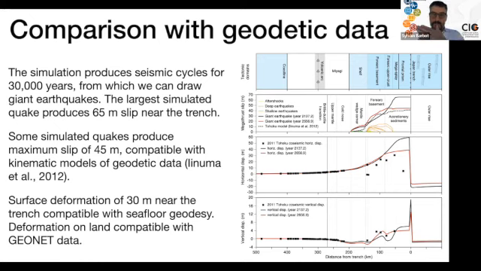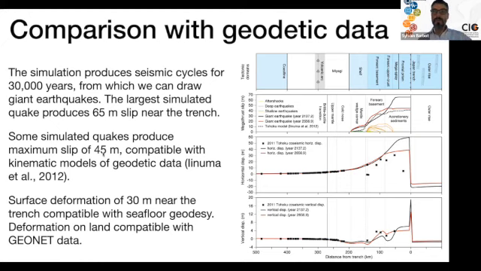And then the model continues to predict the deformation offshore, and that goes through the scatter of observations from seafloor geodesy. This is for horizontal displacement, and you can see that there's more deformation even closer to the trench than there is in the seafloor geodetic data. The red model also predicts the vertical displacement quite well, both onshore and offshore.